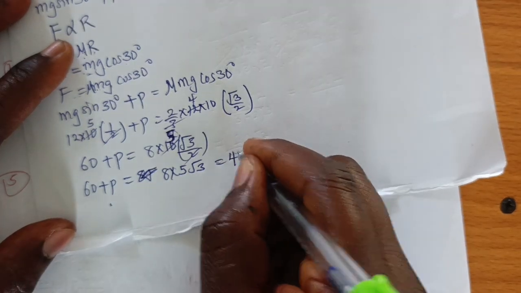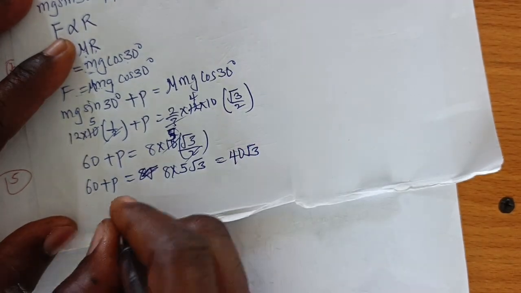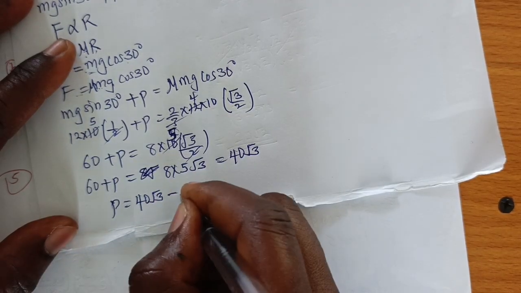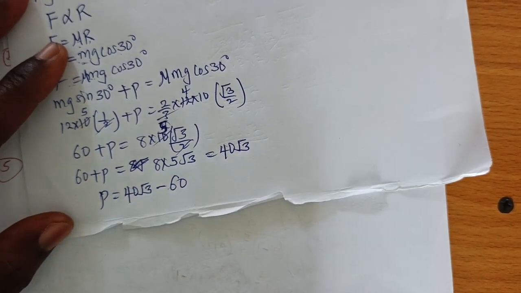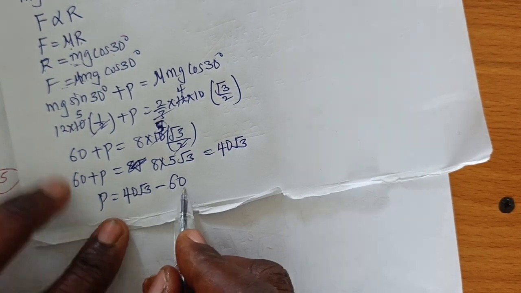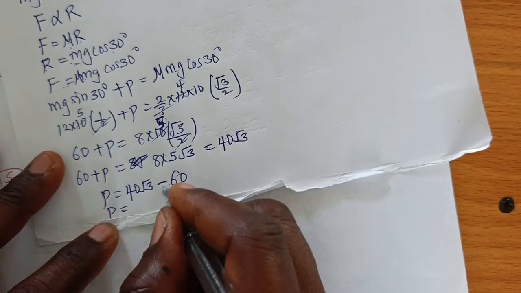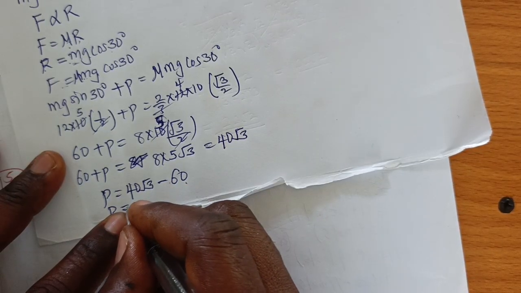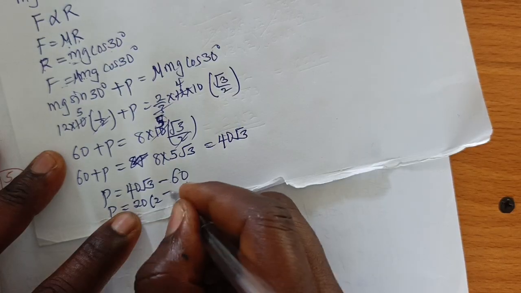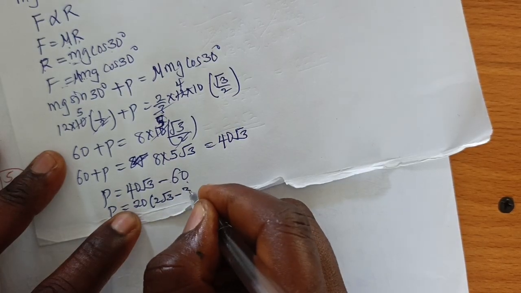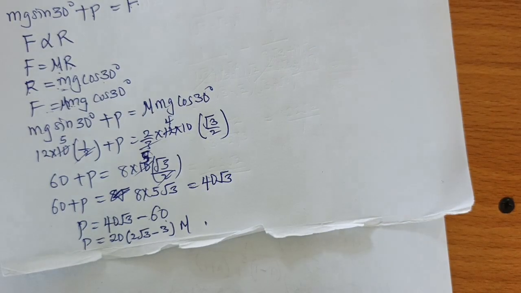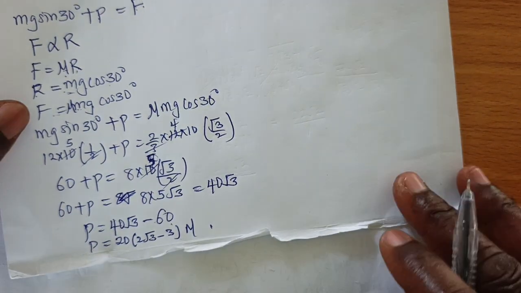P equals 40 root 3 minus 60, by collecting like terms and taking 60 to the other side of the equation. So we have P equals, let's take 20 out, 20 into bracket, 2 root 3 minus 3 Newtons. This is the value of P when the body is at the point of moving down the plane.